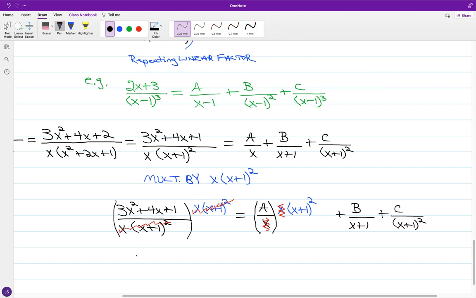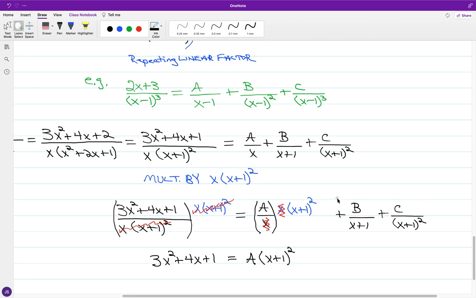So I'm just going to put down what we have so far. Left-hand side, we're going to have 3x squared plus 4x plus 1 is equal to A times the quantity x plus 1, where x plus 1 is squared.